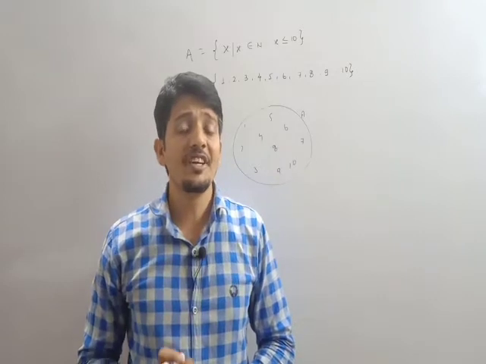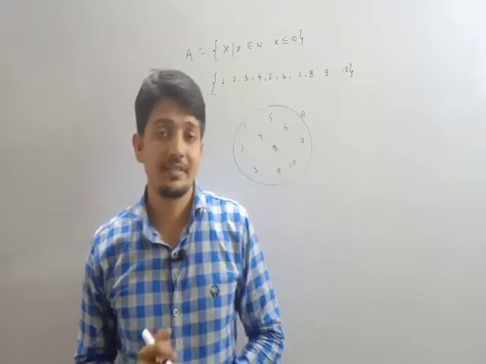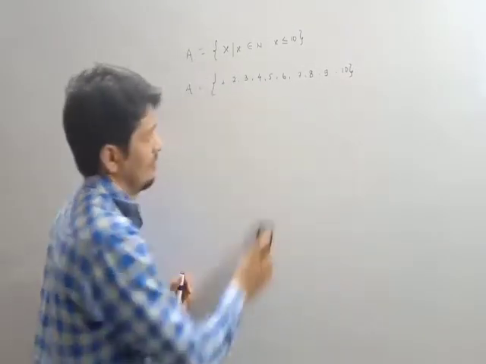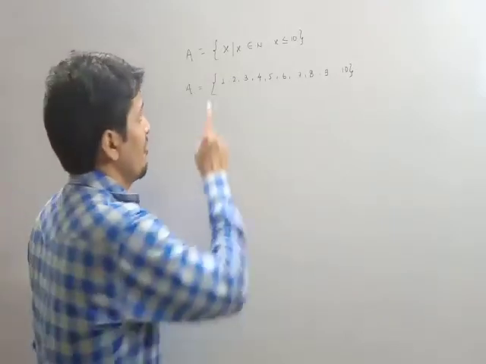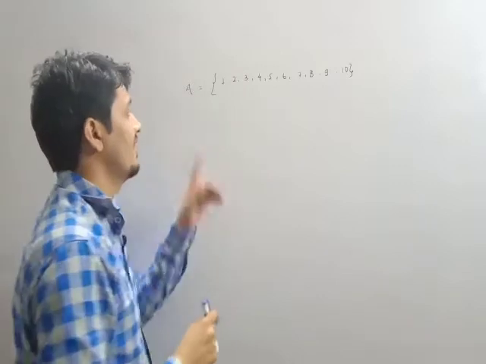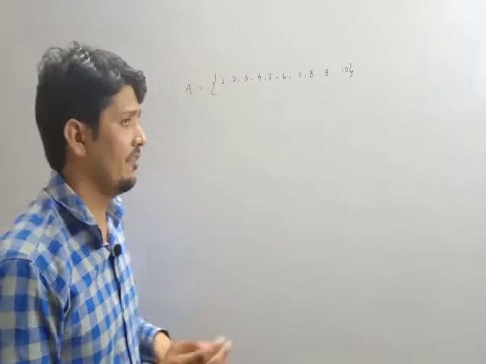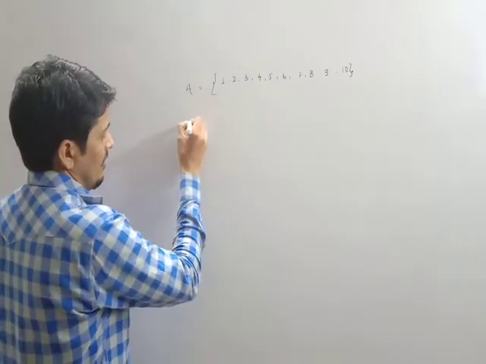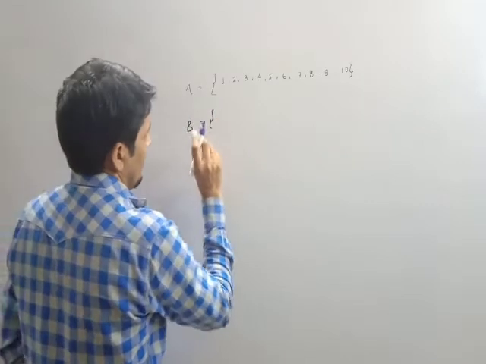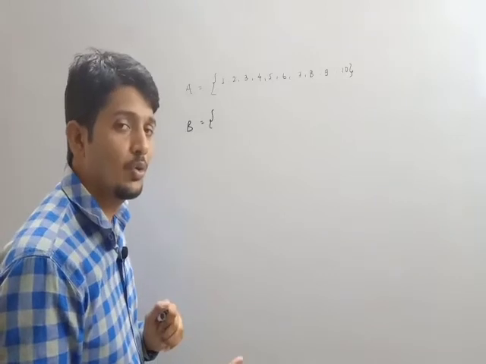Now we will understand what are subsets. What is a subset? So we have this set, that means set A contains natural numbers from 1 to 10, and we are taking the set B which contains all the even numbers from 1 to 10.